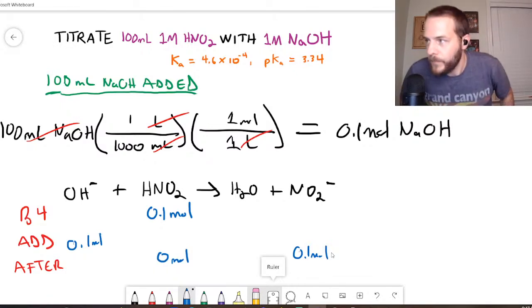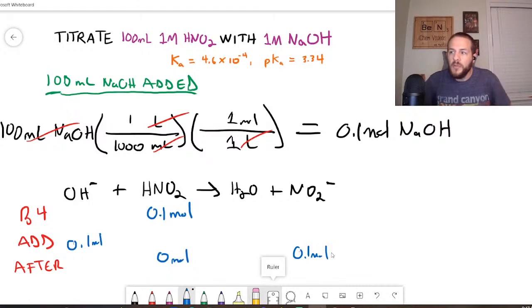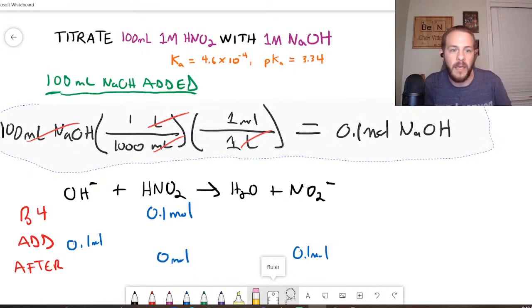So this solution now is no longer a buffer. Earlier, when we had both significant amounts of weak acid and conjugate base, we were able to use the Henderson-Hasselbalch equation to solve for pH, but that doesn't apply anymore. We don't have any weak acid. We only have weak base. So the Henderson-Hasselbalch equation is useless to us in this context.